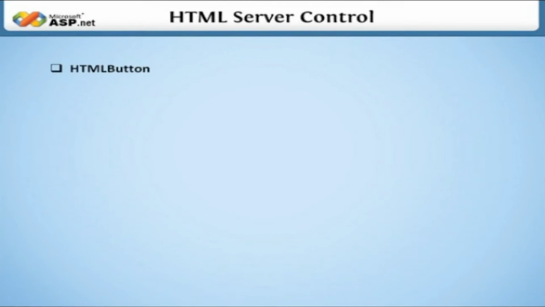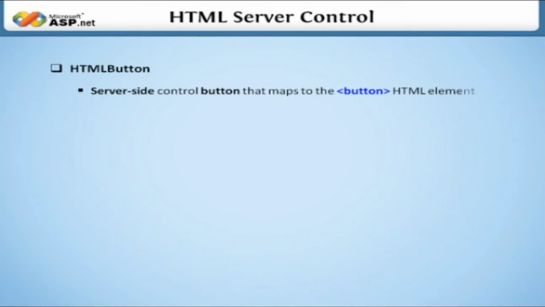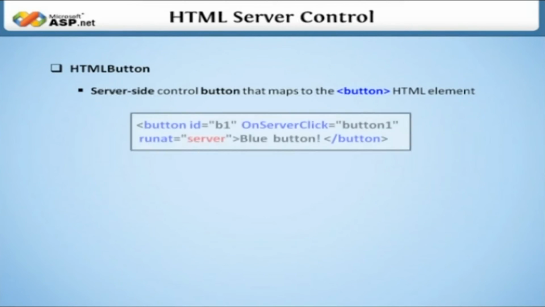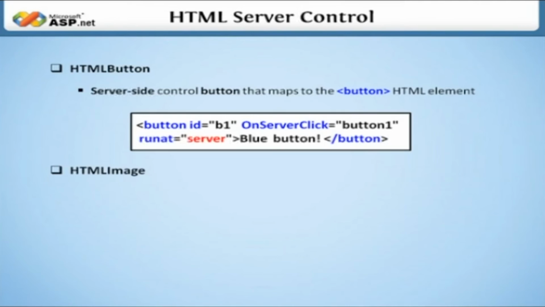HTML button. This creates a server-side control button that maps to the button HTML element. A syntax for creating the HTML button control is as follows. Next off, we're going to discuss HTML image control. Now, this creates a server-side control that allows you to view an image.